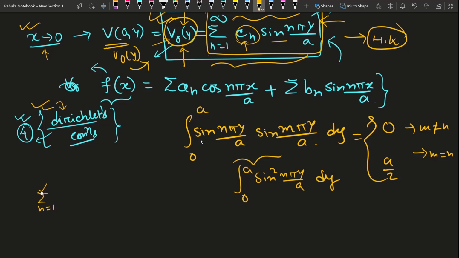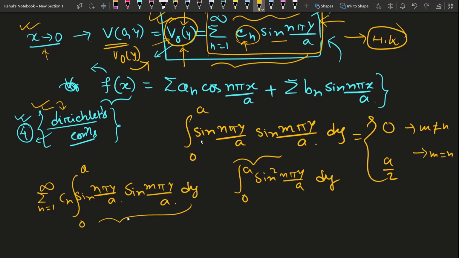Now I am writing the right-hand side: the summation n equals 1 to infinity of Cn sine n pi y over a into sine of m pi y over a. Then if we integrate over 0 to a dy, you can easily understand that this will only be a finite number, a by 2, when m is equal to n, and otherwise it will become 0.